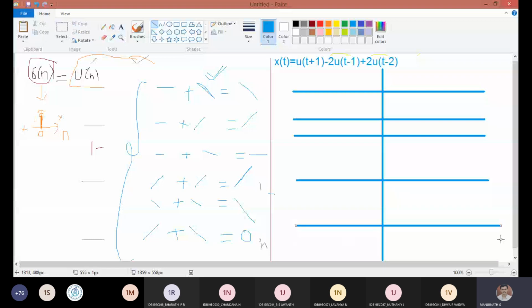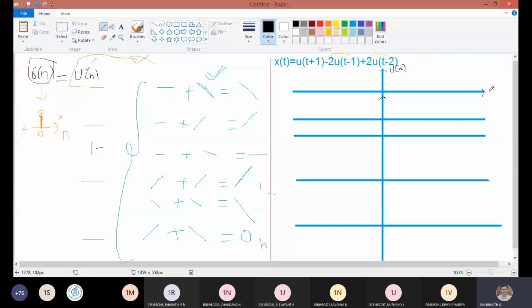So this is the outline you're supposed to make, everyone. So u of t, u of t plus 1. Everyone try to mark the things I'm tracing here.